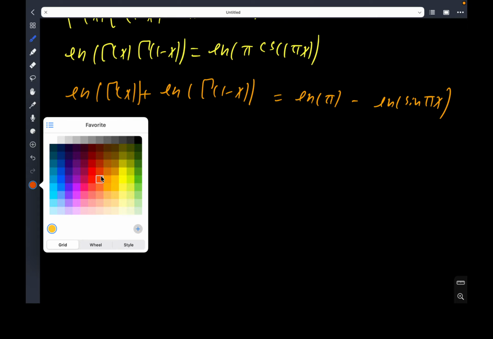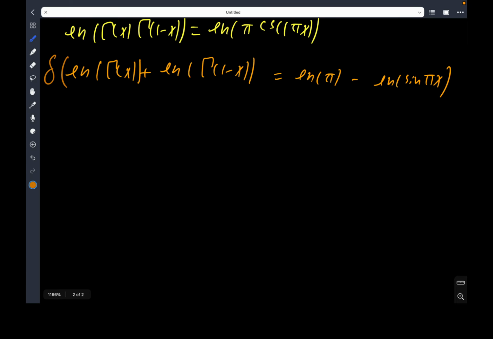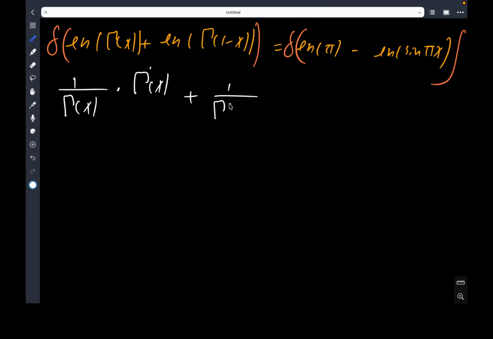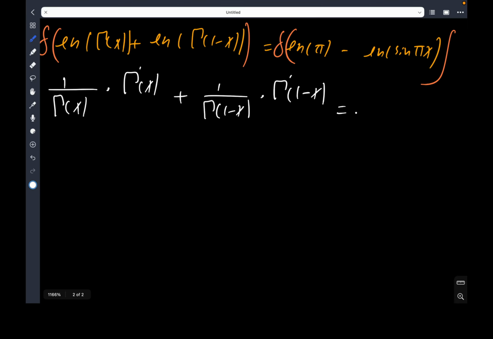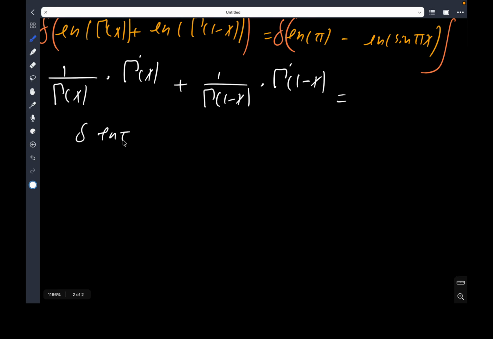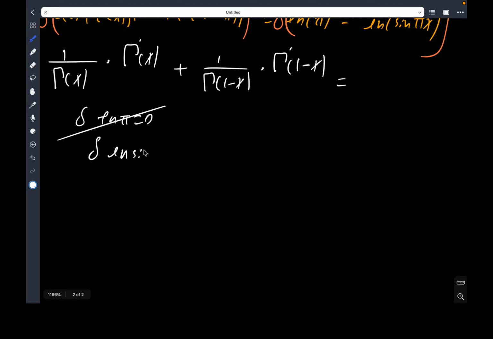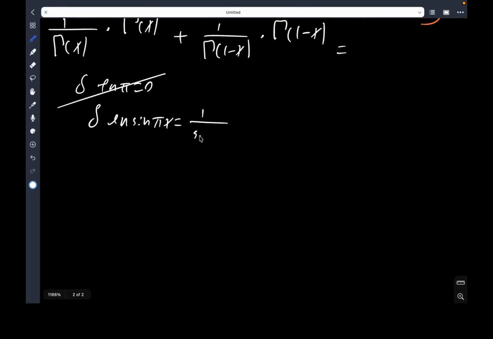And if I now take the derivative of both sides, this would give me 1 over gamma of x times gamma prime of x, according to the logarithm derivatives, plus 1 over gamma of 1 minus x times gamma prime of 1 minus x equals the derivative of a constant, which is 0, and the derivative of ln of sine pi x is 1 over sine pi x times pi cosine pi x.